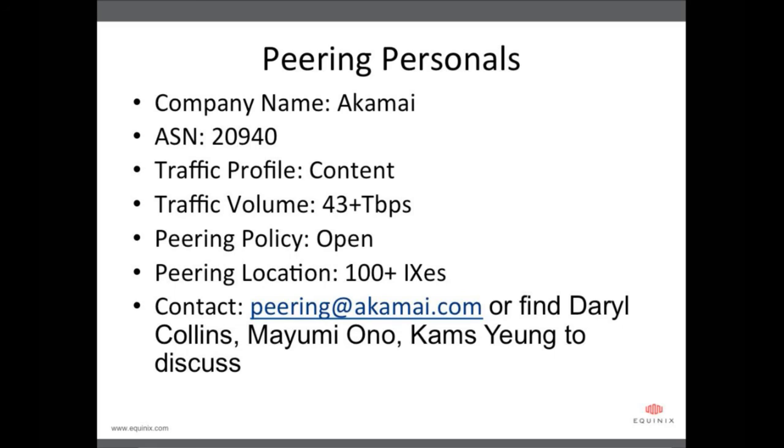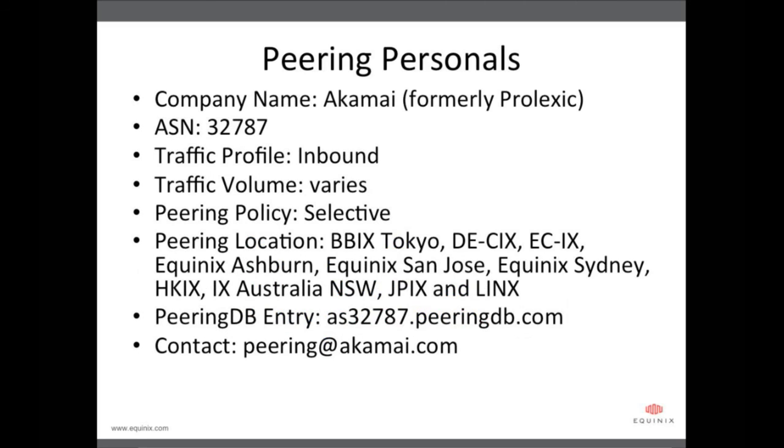And Cam's over here, and Mayumi and I are here if you'd like to talk to us about peering. If we can go to the next slide, we also have another AS, 32787, which is our DDoS mitigation service, which peers slightly less widely and has a selective policy, but we can also talk to you about that. Thank you very much.